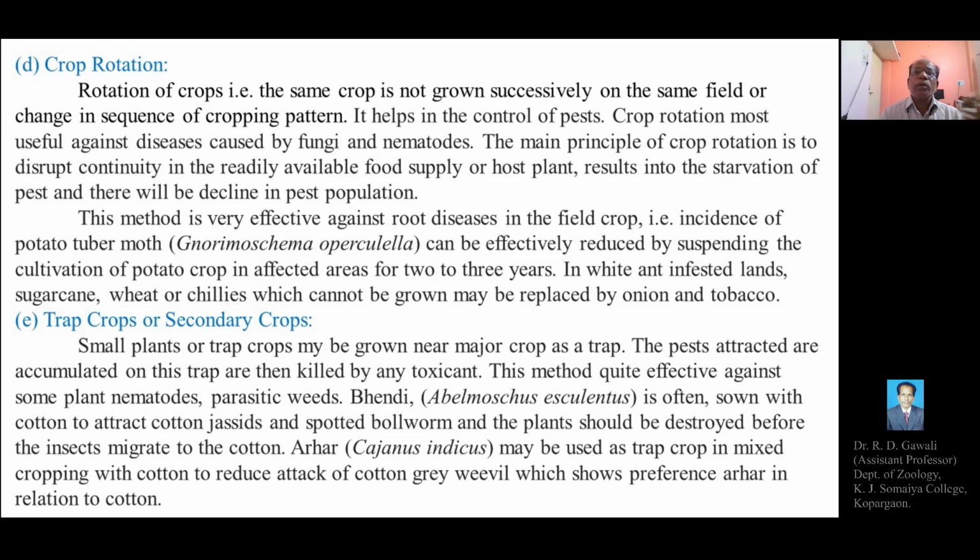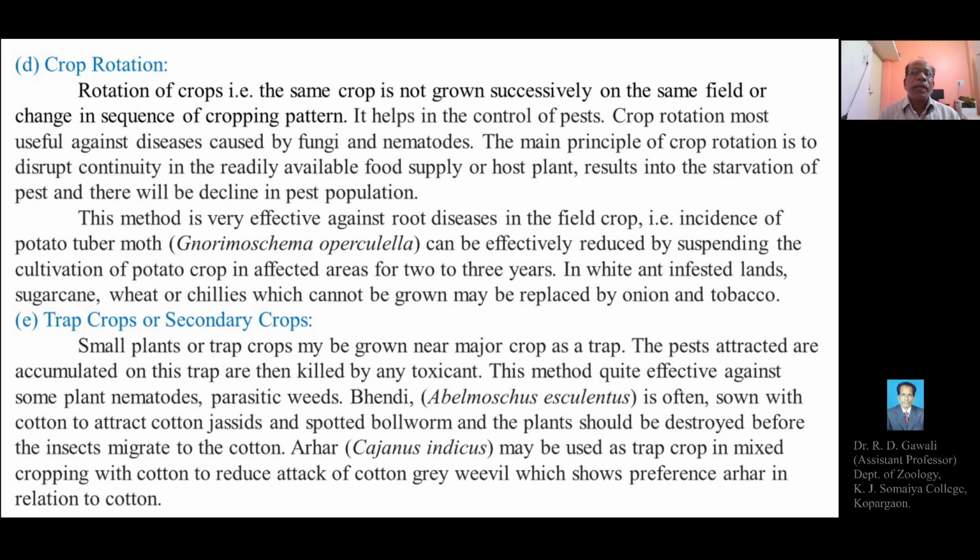The same crop is not grown continuously or year after year, or cultivated successively on the same field during the year or for a couple of years.